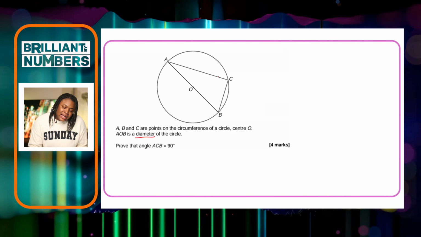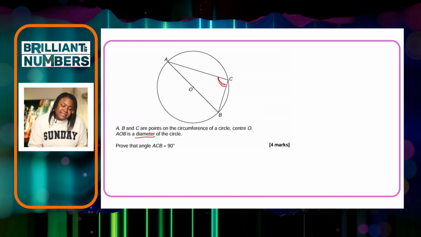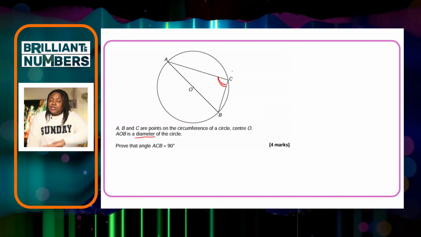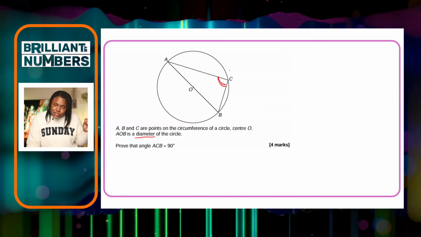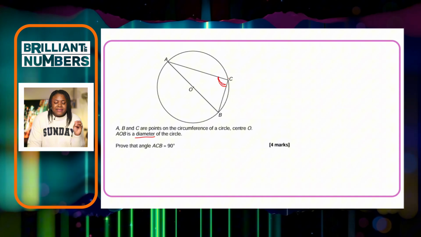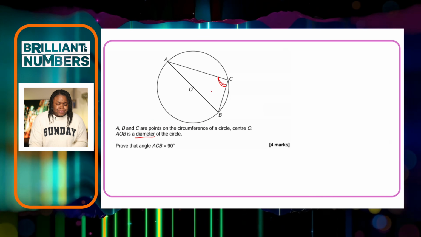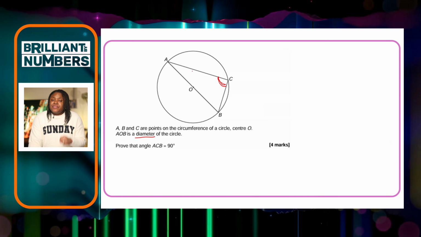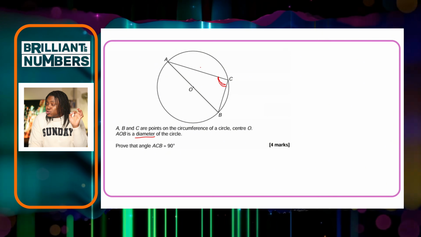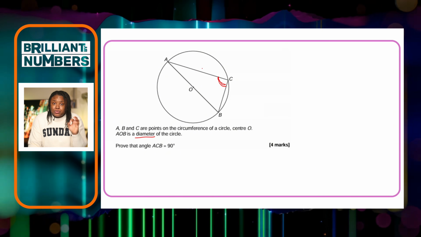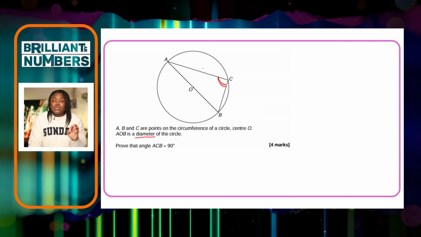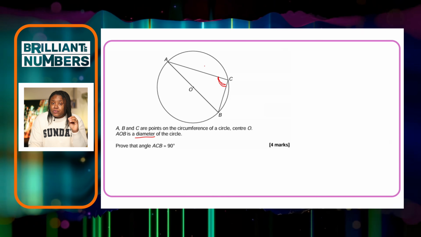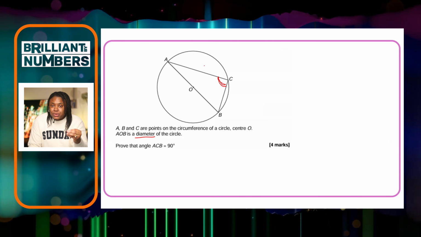So we're proving that this angle here is 90 degrees, which is the theorem we just looked at in the first circle theorem question. We looked at the fact that angle in a semicircle is equal to 90. Now they've asked us to prove that this is true. When we're asked to do algebraic proofs in circle theorems, we must do it in algebraic proof.